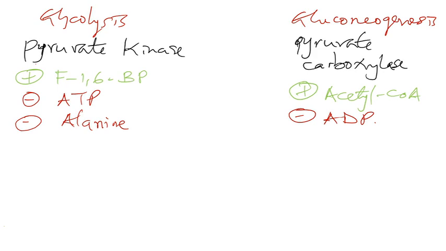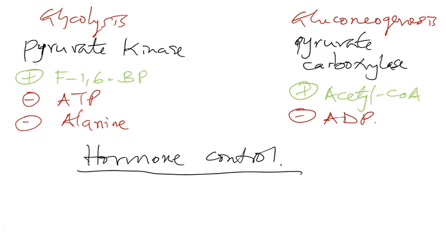So the other aspect of regulation of gluconeogenesis is hormonal. The hormone control here is mainly due to the effect of insulin.